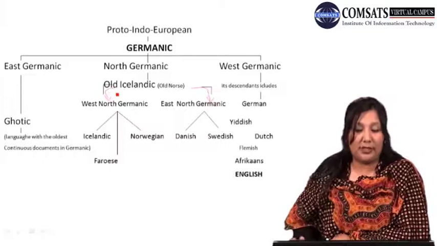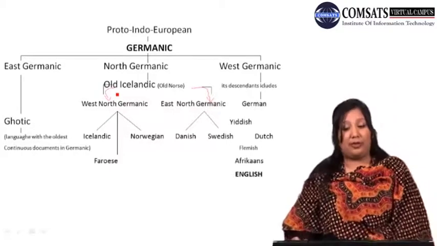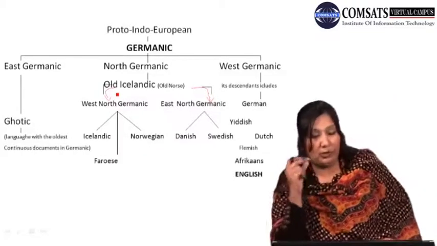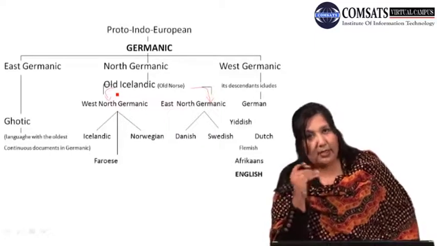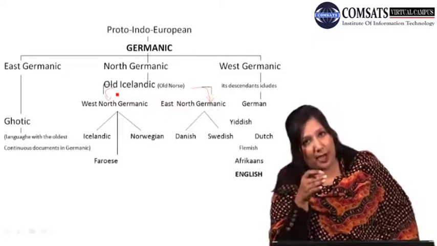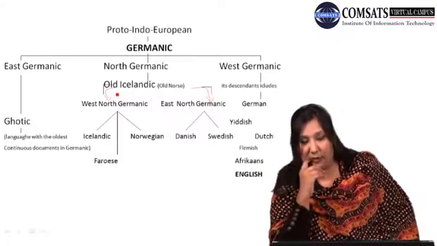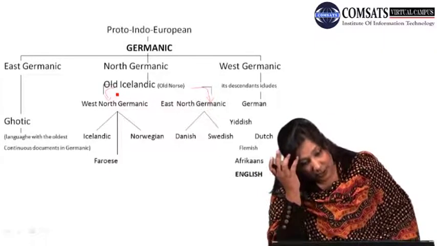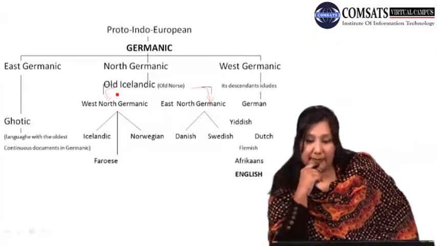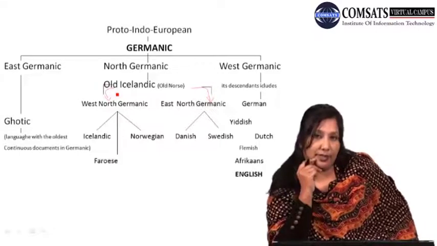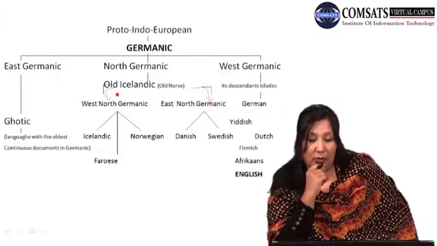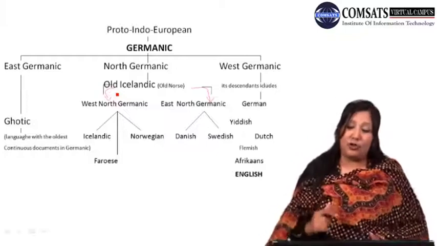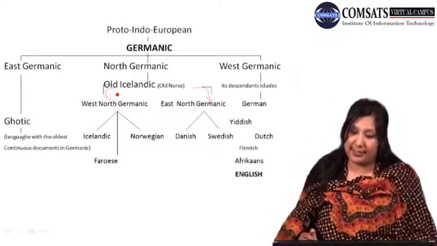One is West North Germanic and the other is East North Germanic. Although we are talking about North Germanic, again there was a western part and an eastern part. Within West North Germanic we have Icelandic, Norwegian, and Faroese. Whereas in East North Germanic we have Danish and Swedish.